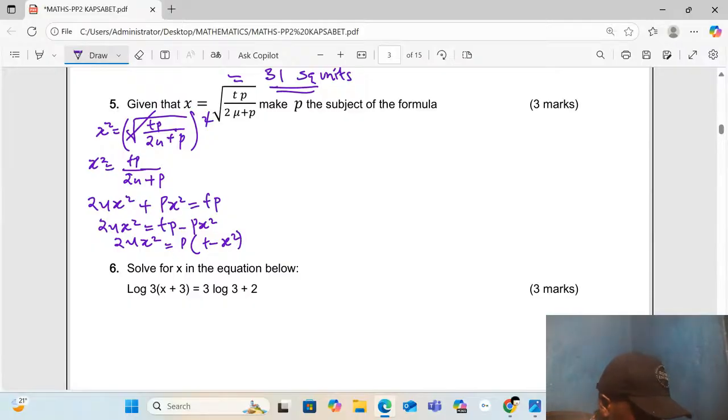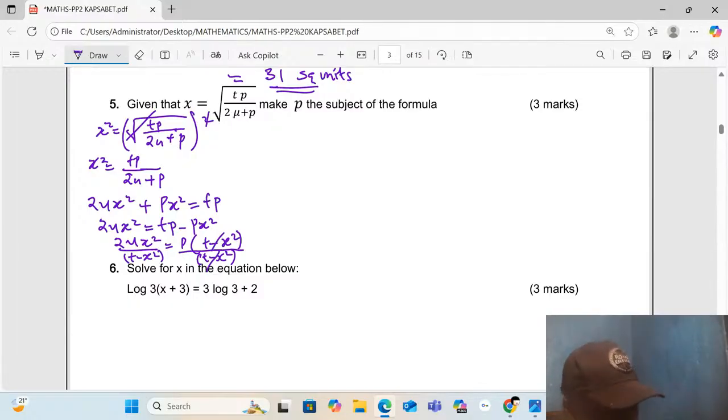Now to remain with P alone, we divide both sides by T minus x squared.